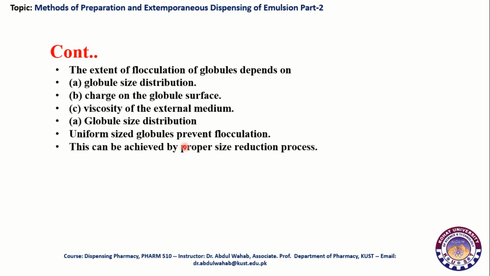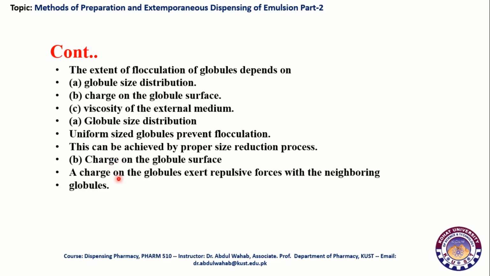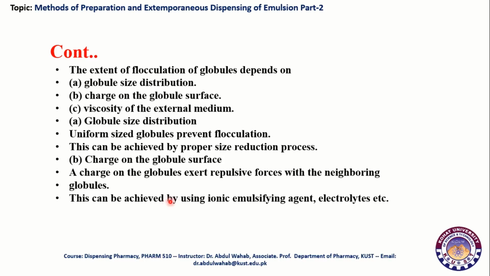This can be achieved by a proper size reduction process. The other one is charge on the globule surface. A charge on the globules exerts repulsive forces with the neighboring globules. This can be achieved by using ionic emulsifying agents, electrolytes, etc.